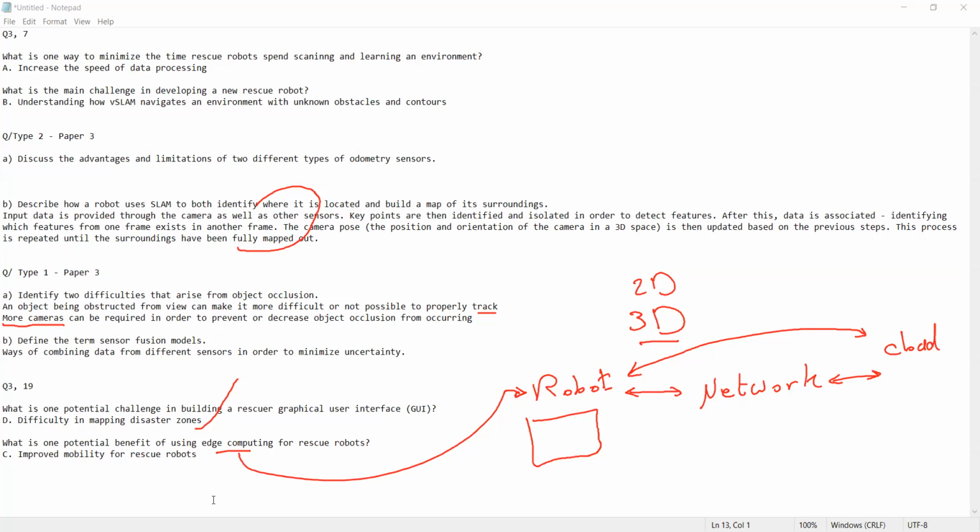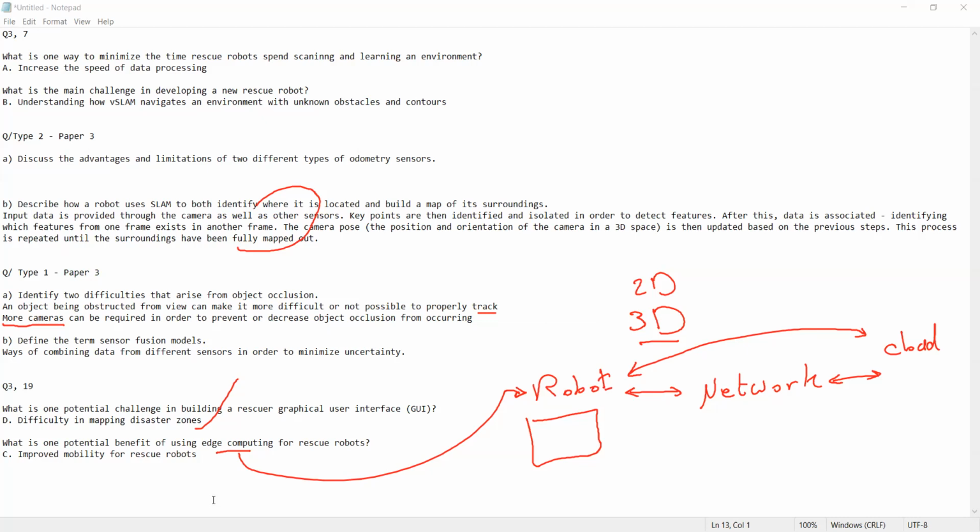So the choices that you have: a preparation for entering a disaster zone. Edge computing does not really directly impact the pre-deployment preparation. If we talk about the second choice, which is improved accuracy of robot sensors, while edge computing can enable on-device processing, it wouldn't directly enhance the sensors themselves, or the accuracy of the sensor.